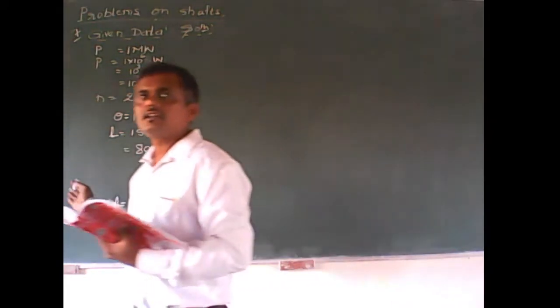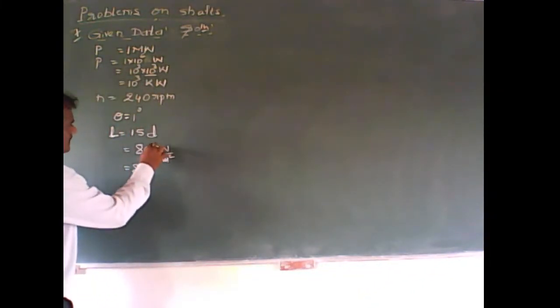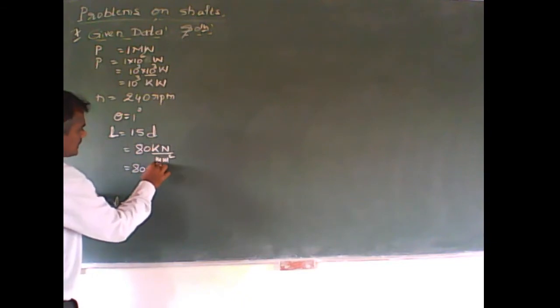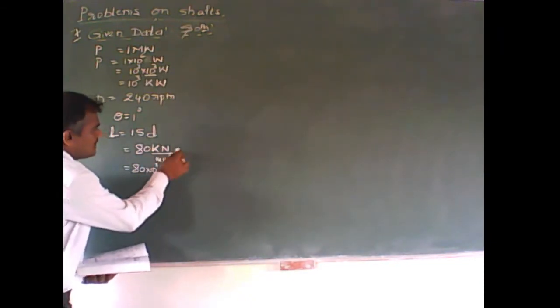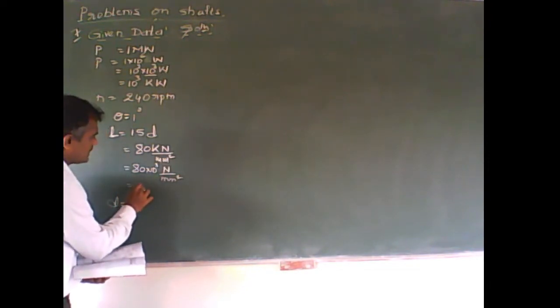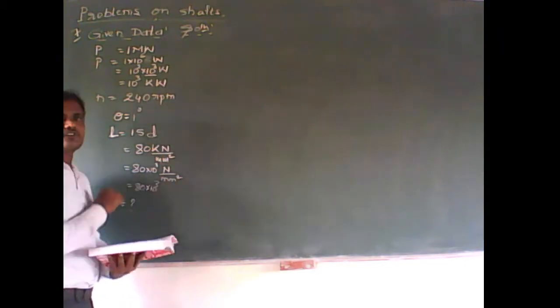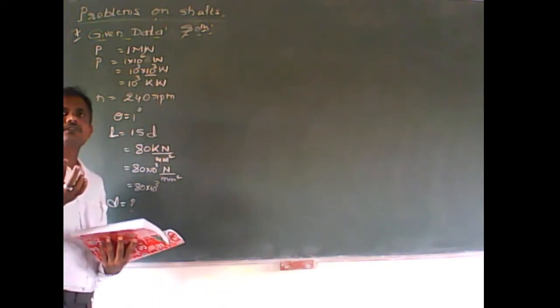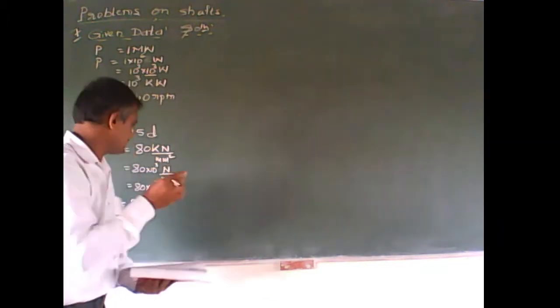So I can rewrite it as, please concentrate, 80 times 10 raised to 3, and instead of writing Newton per mm square, we know that 1 Newton per mm square is equal to 1 mega Newton per meter square.